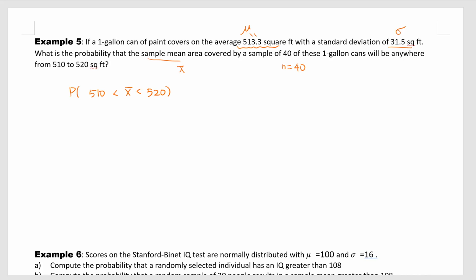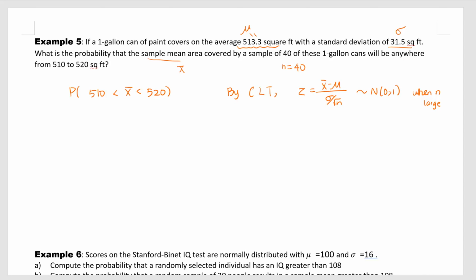By the central limit theorem, our standardized sample mean is approximately normal. It approaches the standard normal distribution when n is large.